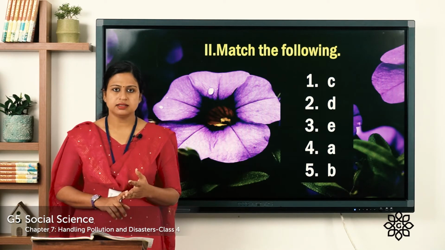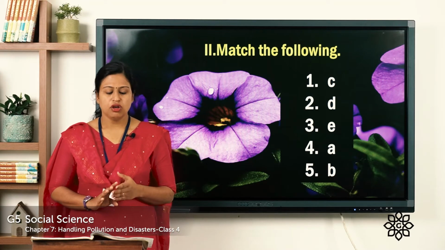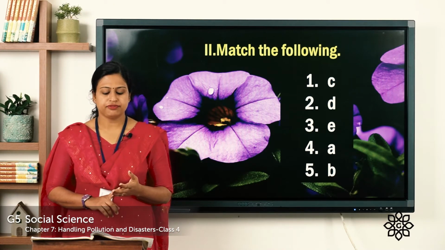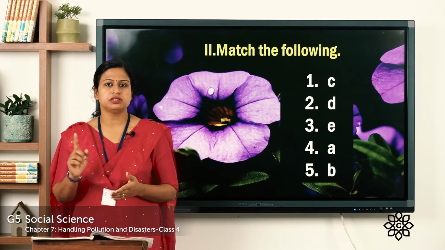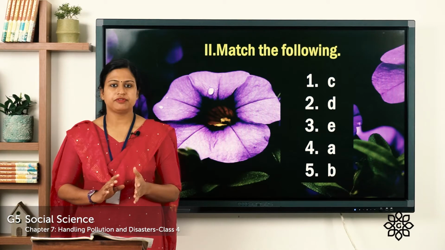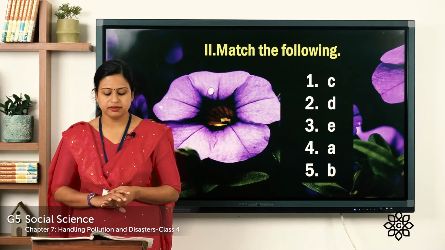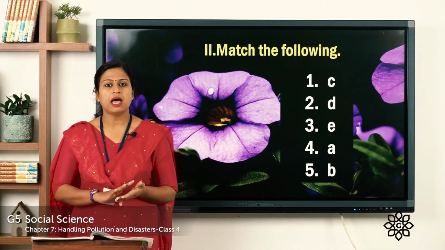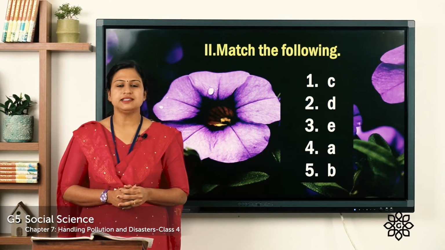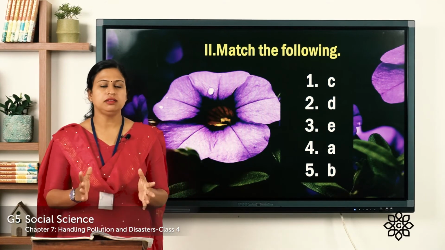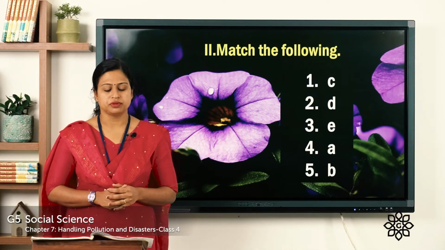The answer is fire accidents. Fourth, torch, first aid kit, knife. The correct match is disaster emergency kit. Fifth, fire and epidemics. The correct match is human-made disasters. I hope you all have marked it. You have to write all these exercises in your notebook.